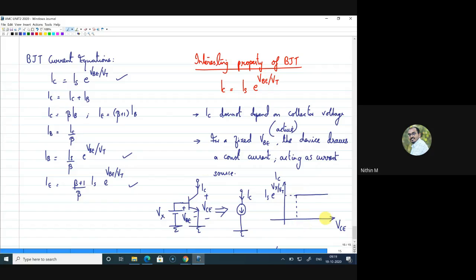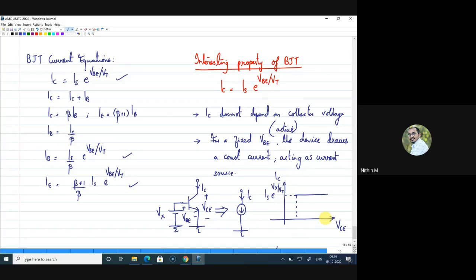So irrespective of VCE, your collector current is not depending on collector to emitter voltage. Whatever the collector to emitter voltage, your transistor will in fact provide a constant current. In that way, I can say BJT also acts as a constant current source.